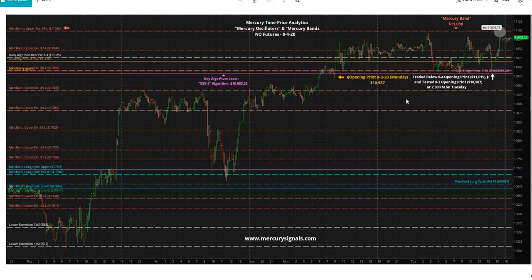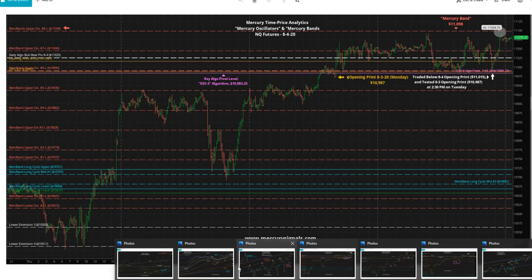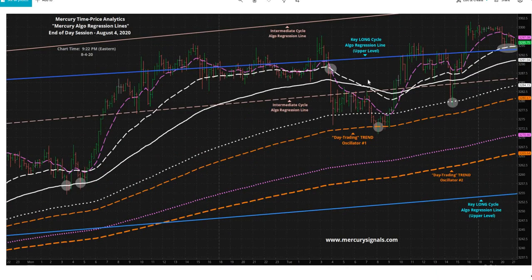So these are a second derivative of these oscillators. And what's cool about these oscillators, you can take any time cycle, short term, intermediate term, long term, and what we look for is areas where you see recurring peaks or recurring troughs or spots where price crosses over.